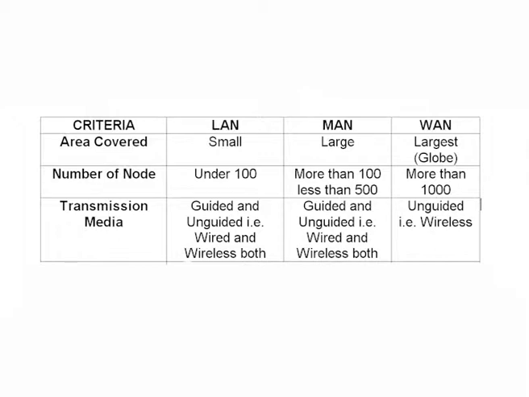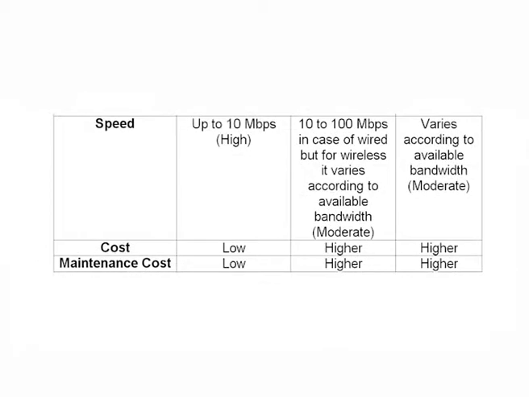In MAN also guided and unguided, wired and wireless both, but in WAN it is only unguided, that is wireless. Speed. Now, in LAN it is up to 10 Mbps, in MAN it is between 10 and 100 Mbps in case of wired, but for wireless it varies according to the available bandwidth, while in WAN it varies according to the available bandwidth.